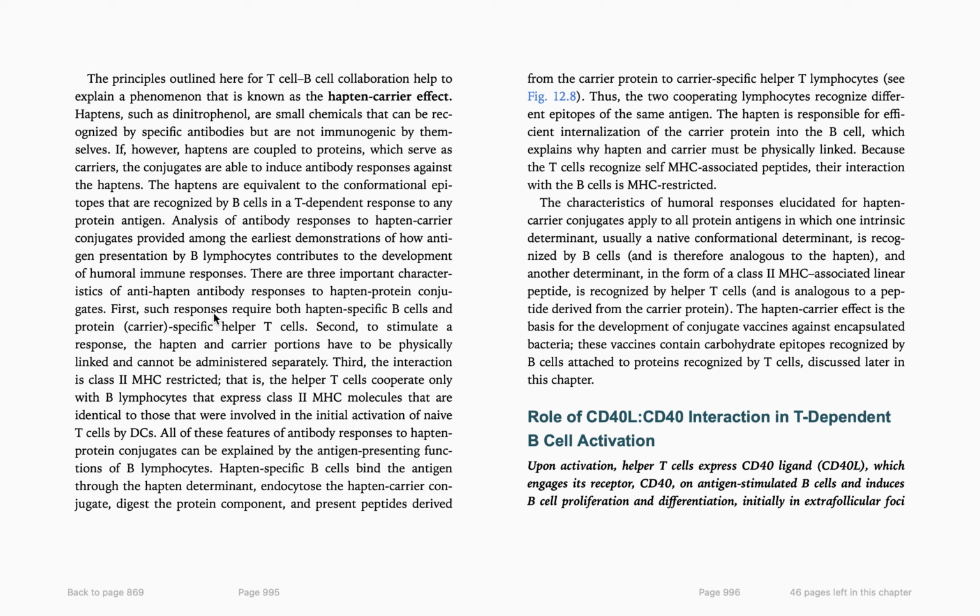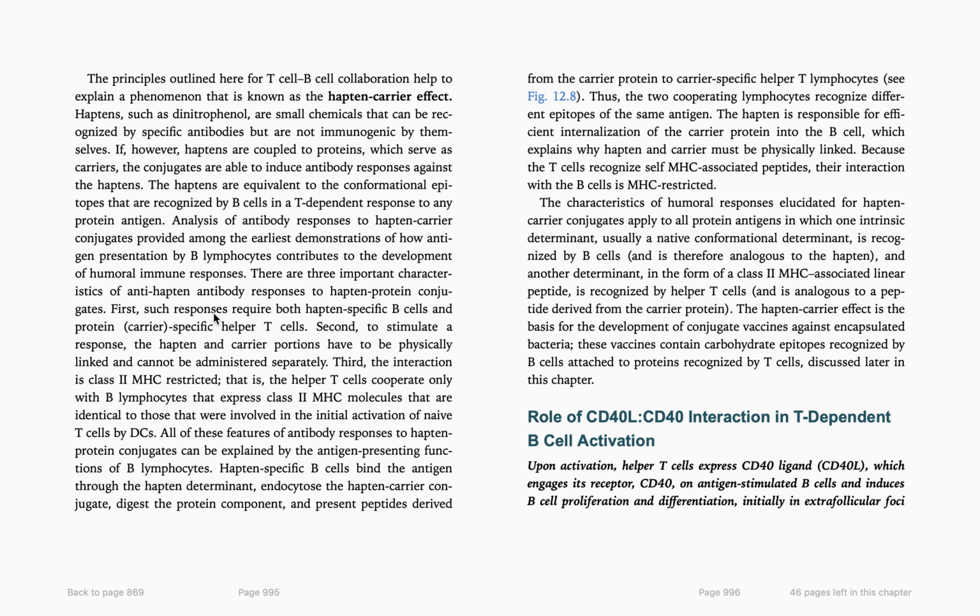Thus, the two cooperating lymphocytes recognize different epitopes of the same antigen. The hapten is responsible for efficient internalization of the carrier protein into B cells, which explains why hapten and carrier must be physically linked. Because T cells recognize self-MHC associated peptides, the interaction with B cells is MHC restricted.